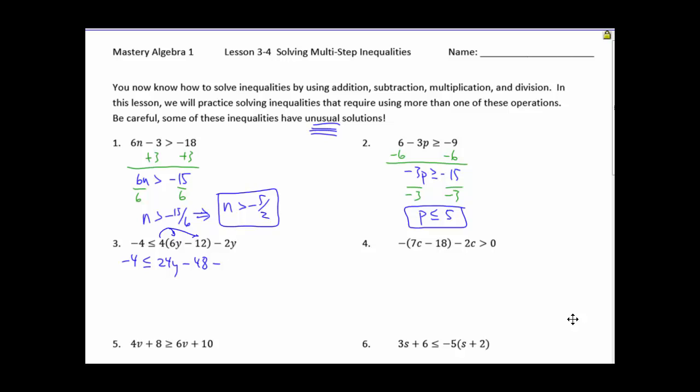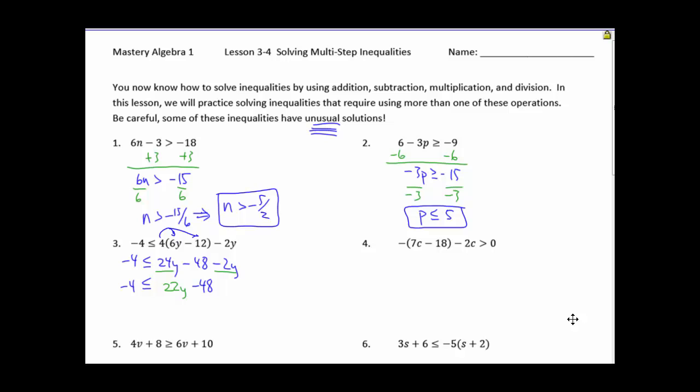And then we have this lonely 2y out here. Before we start moving things left and right, let's combine like terms. So we have this 24y and this negative 2y. So we're going to get negative 4 less than or equal to 24 minus 2, which is 22y, and then we still have that minus 48.